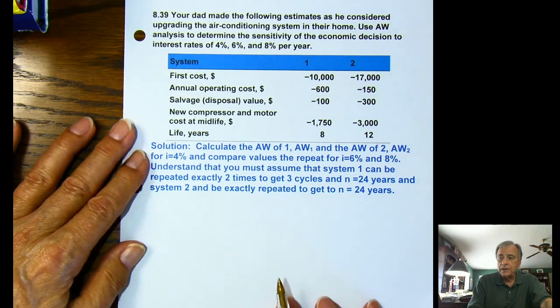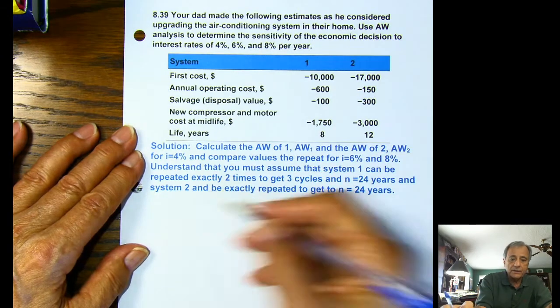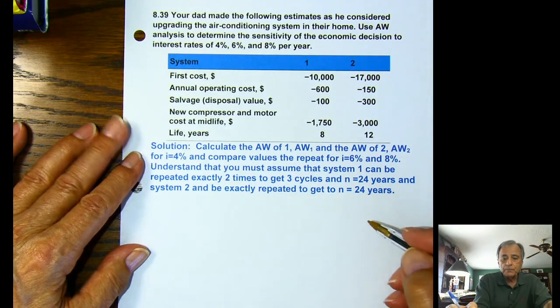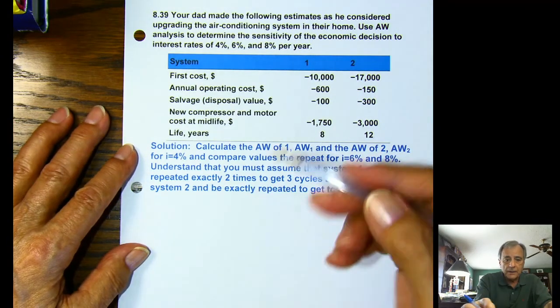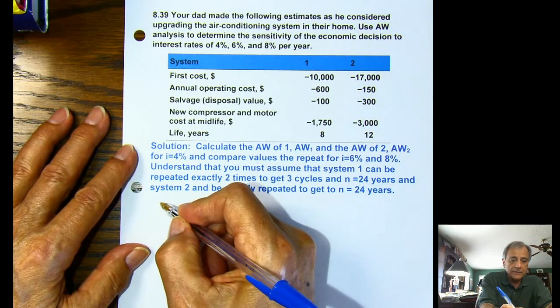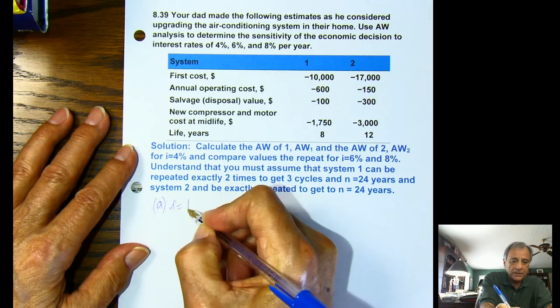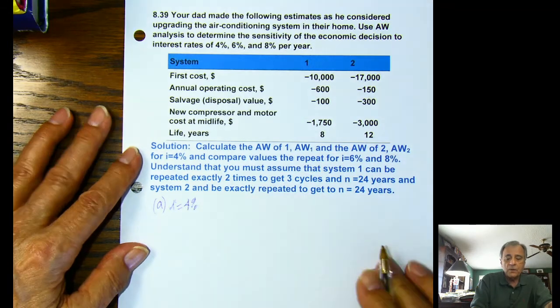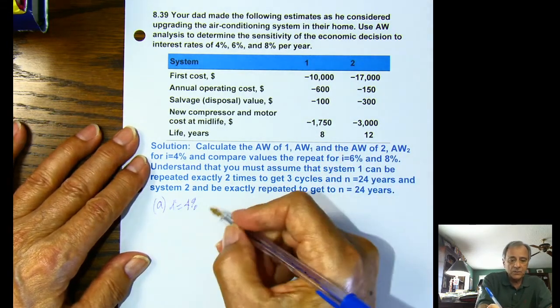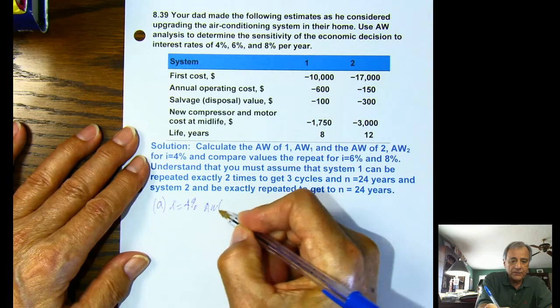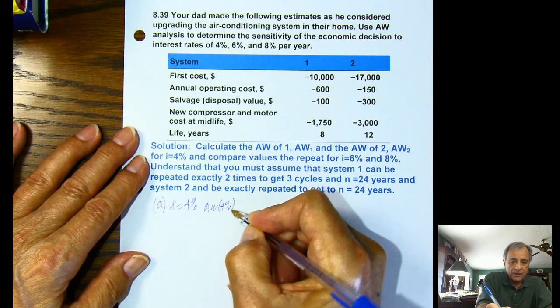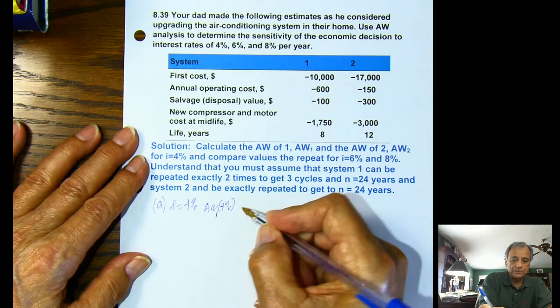And so let's write the equation for the annual cost at, I'll say, i equal 4%, okay? So what's the annual cost of System 1? AW at 4% of System 1 equals.